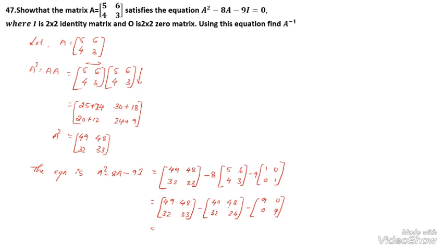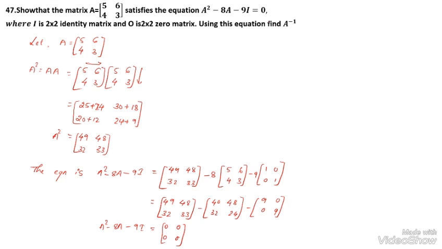Here 49 minus 40 minus 9, that is 0. 48 minus 48, 0. 32 minus 32, 0. 33 minus 24 minus 9, 0. This is the zero matrix. Therefore, A squared minus 8A minus 9I becomes the zero matrix.